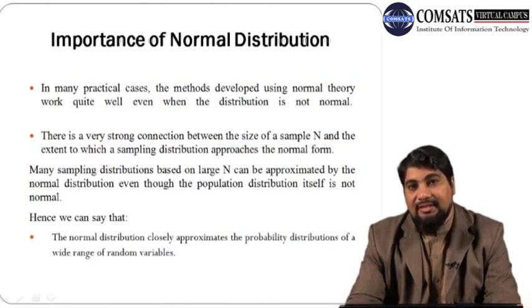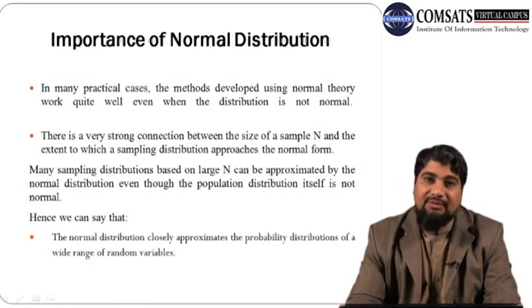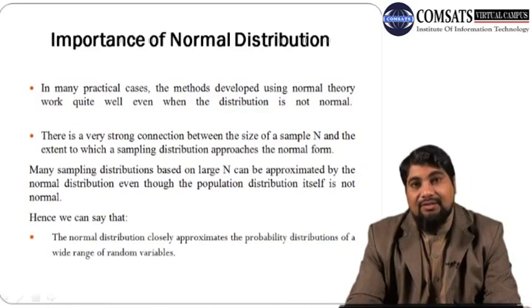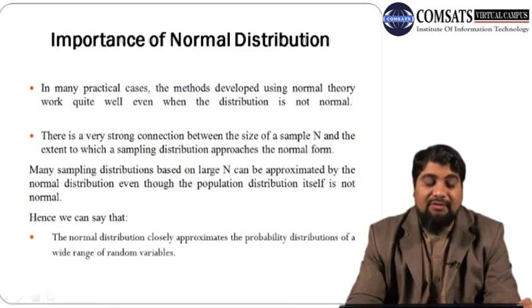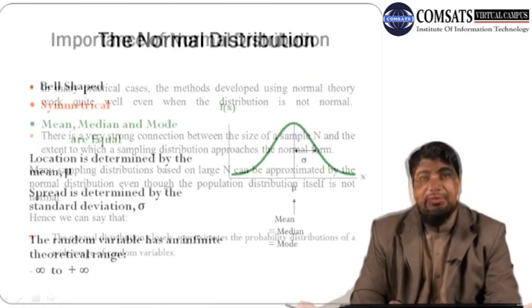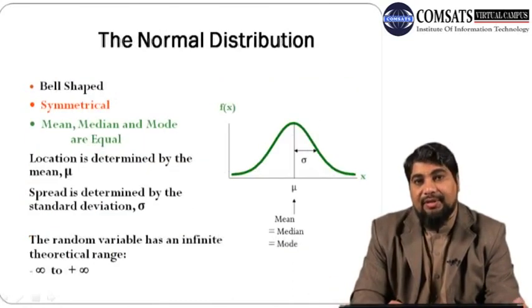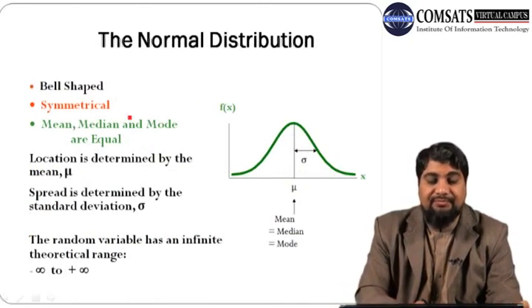When sample size increases, most distributions converge to the normal distribution. Hence we can say that the normal distribution closely approximates the probability distributions of a wide range of random variables. So let us formally define the normal distribution.